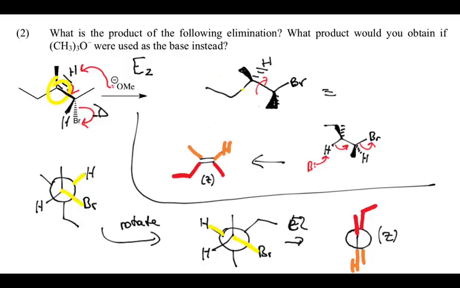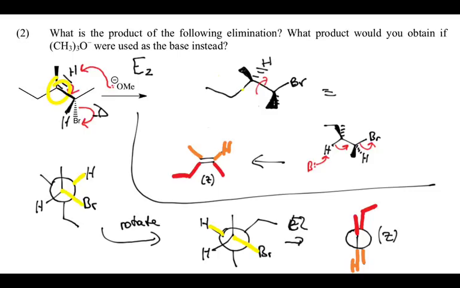Okay? Questions? Yeah. When you rotated it, how did you know which way to rotate it and how many degrees to rotate it? You just imagine. Like, I knew this hydrogen needs to end up here. How did you know that it didn't need to go this way? Oh, because it needs to be on the opposite side of the carbon-bromine.